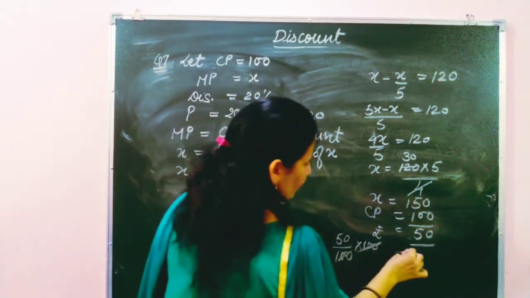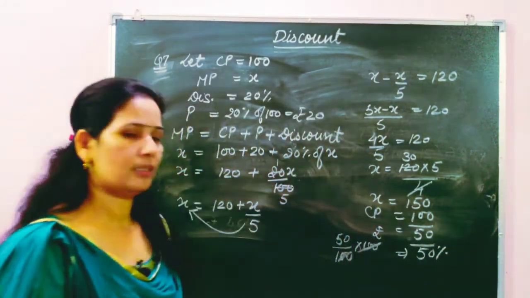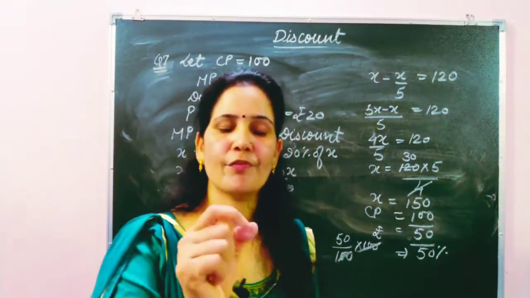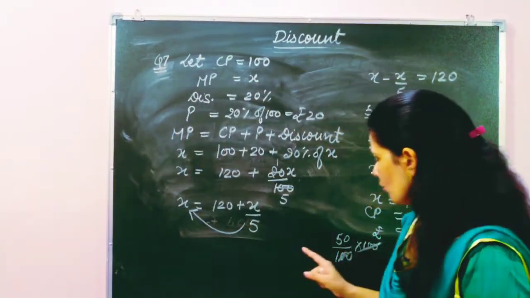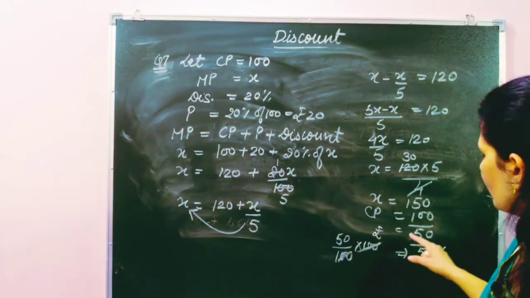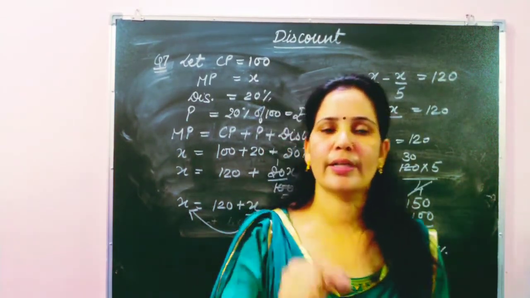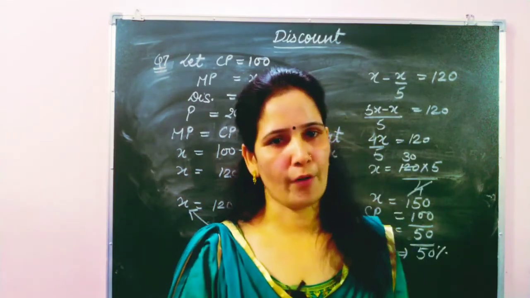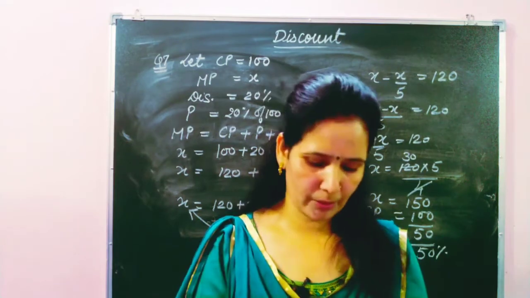So from here we get 50%. That means a trader has to fix 50% more than the cost price as the mark price. In that situation only, the trader is able to get a profit of 20% and allow a discount of 20%.